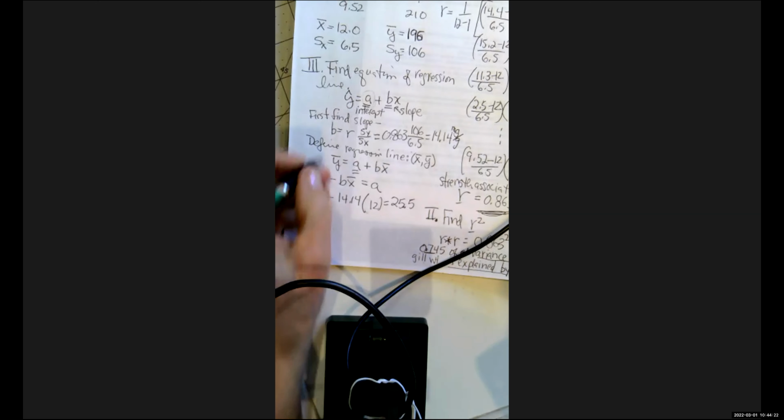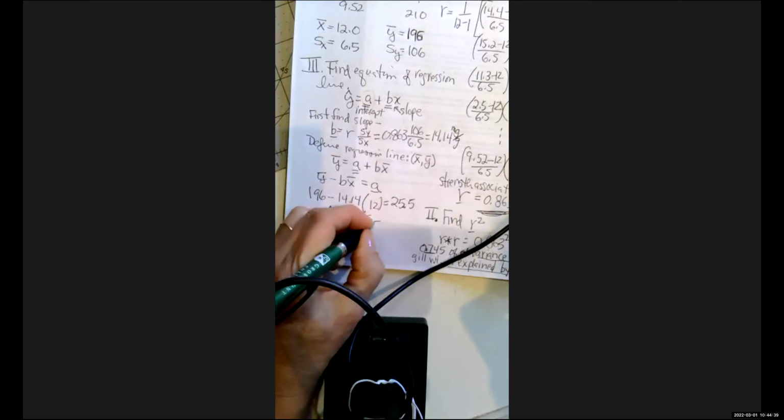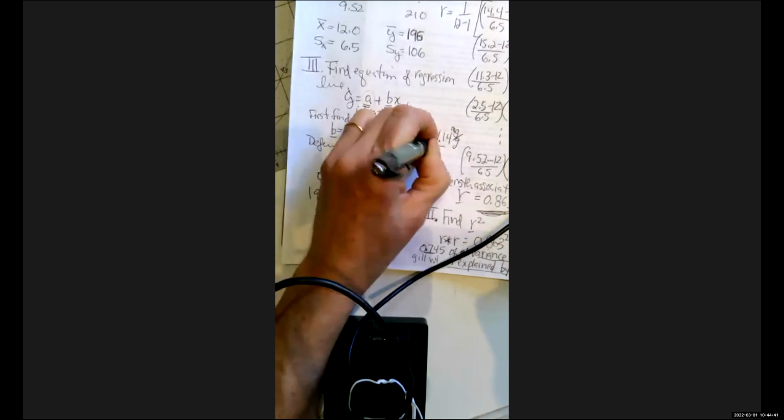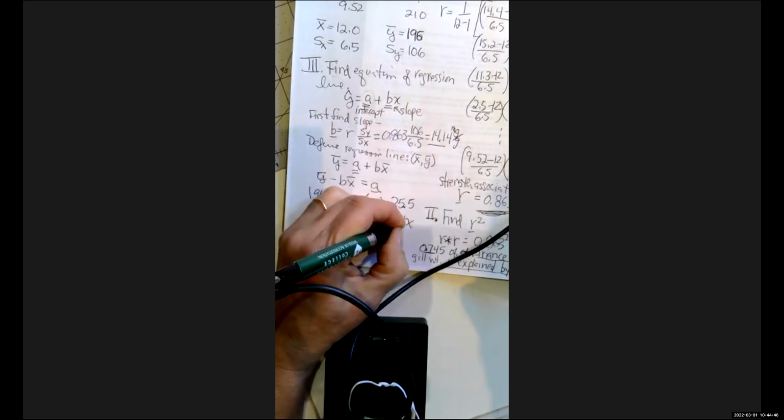I am not done because I was asked to find the equation of the regression line. That means my answer, I'm going to write it out, substituting these values in. All right, so here's my answer for the equation of my regression line.